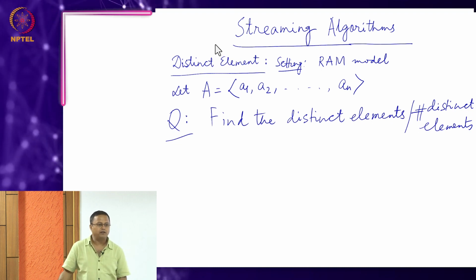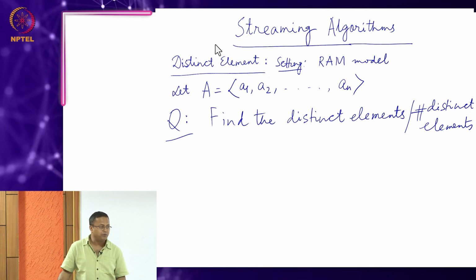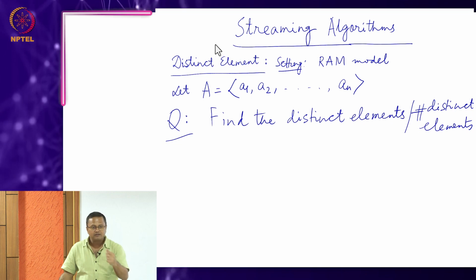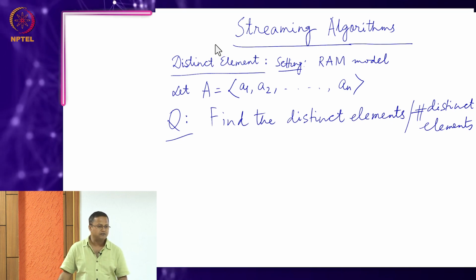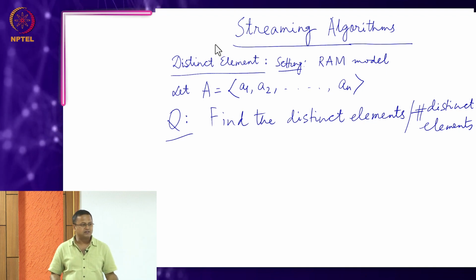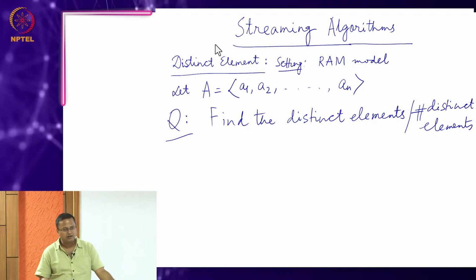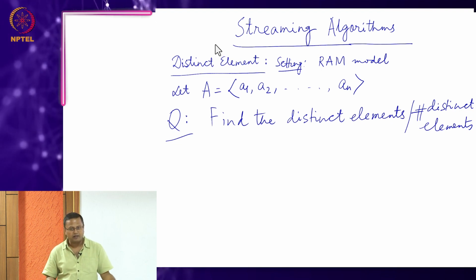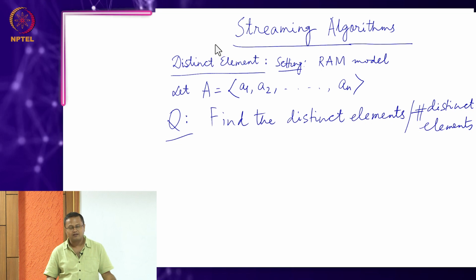So, if you sort the elements, if there are multiple instances of a number, they will be consecutive, side by side. Whenever you have a border, you know that one distinct element is gone, right. So, in RAM you can do it in n log n. Can you do even better?